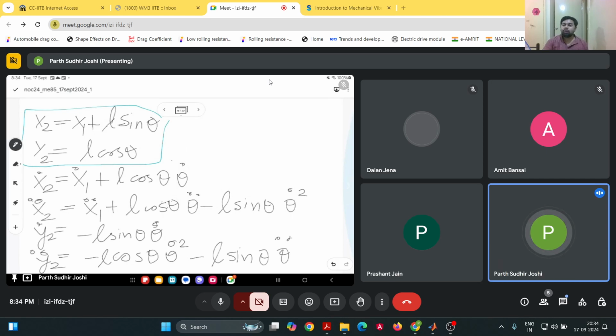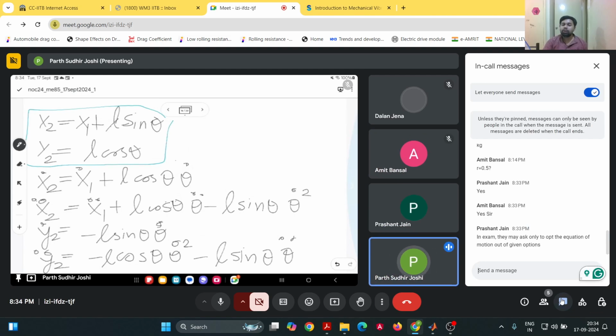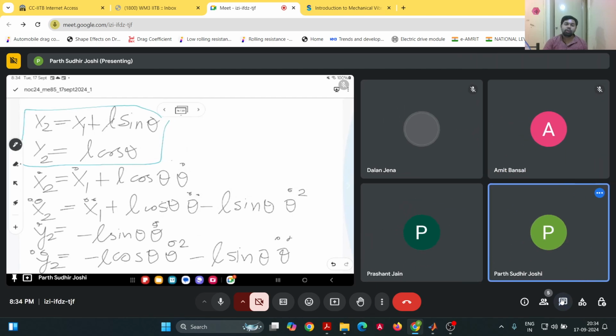In the exam, they may ask only to get the equation of motion. Yeah, possibly. But you can generally guess the terms from the options also. If you are very clear and confident, then you can guess some terms and make out which is the correct option from that.